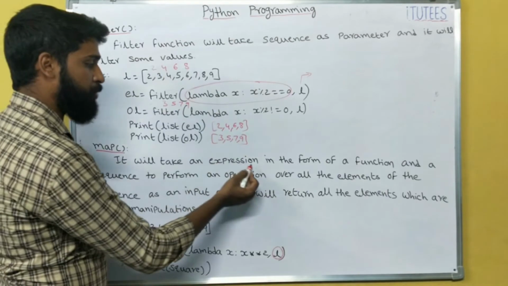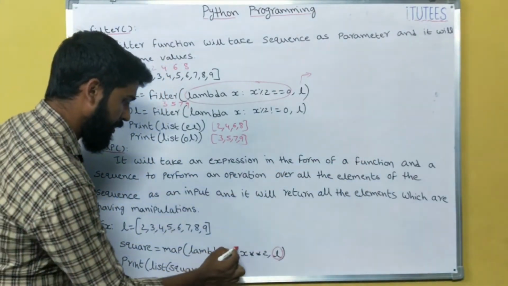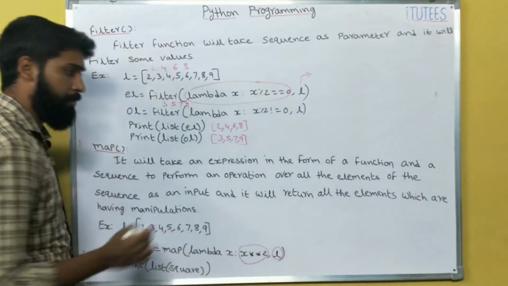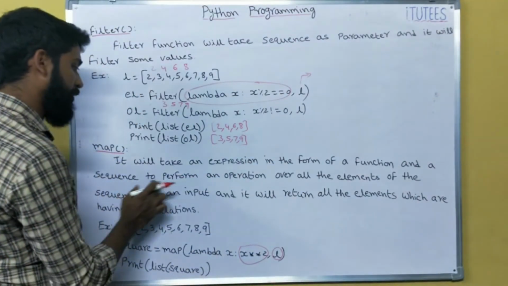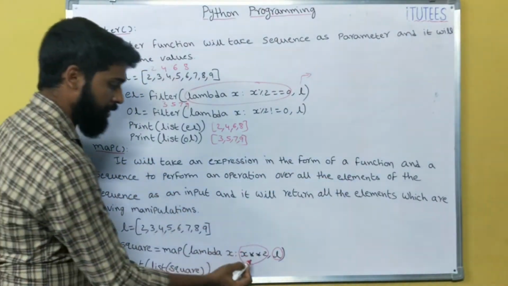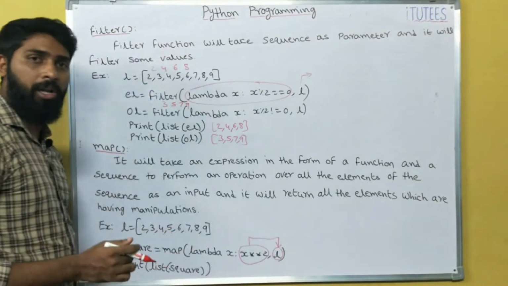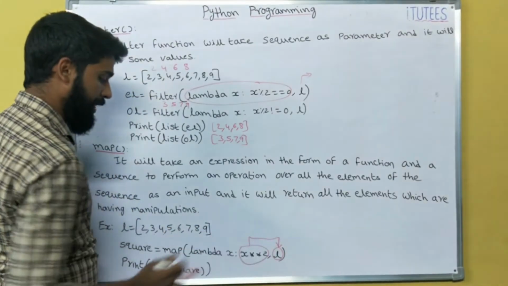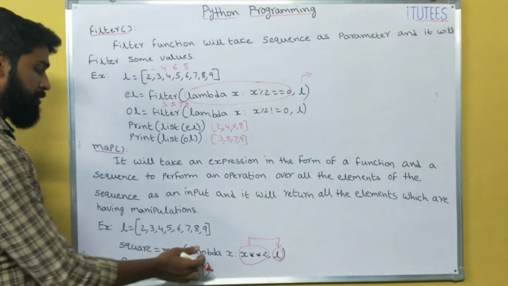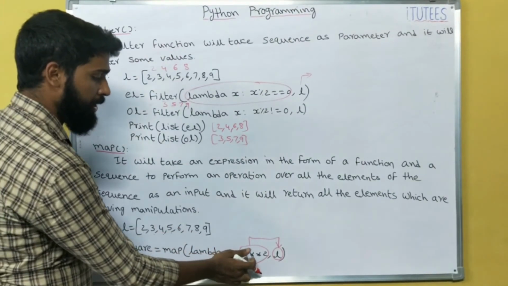It will take an expression in the form of a function. So this is the expression. And a sequence to perform an operation over all the elements of the sequence. Now I am going to perform this expression on all the elements in the list L. By using this lambda function, so map lambda x colon x power 2.